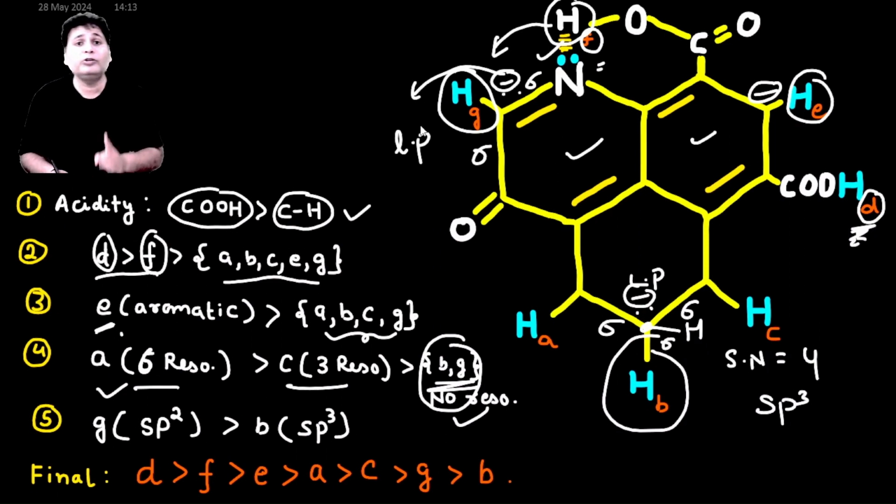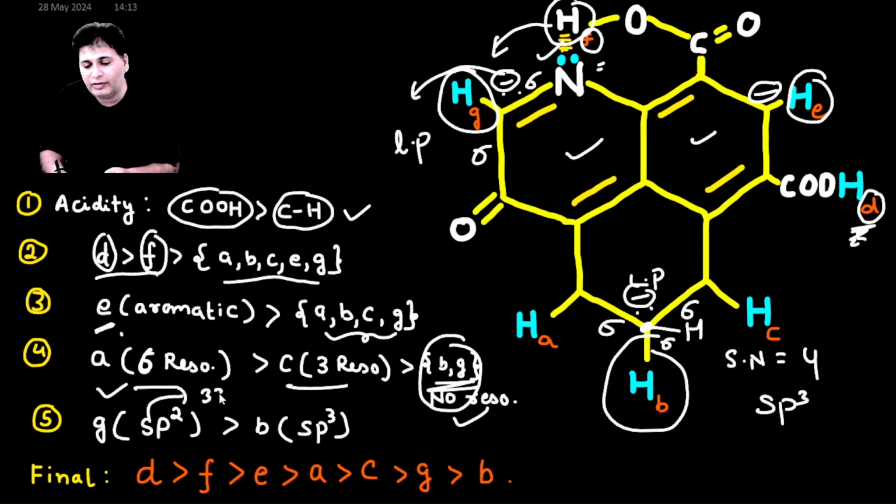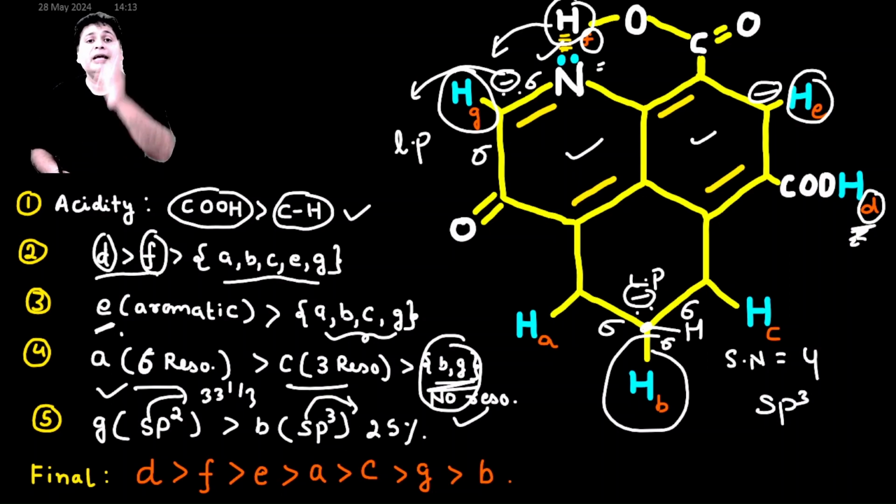The sp2 has got higher s character. In sp2 the s character is 33 1/3%, whereas in sp3 the s character is 25%. And electronegativity is directly proportional to the s percentage. Higher the s percentage, higher will be the electronegativity.